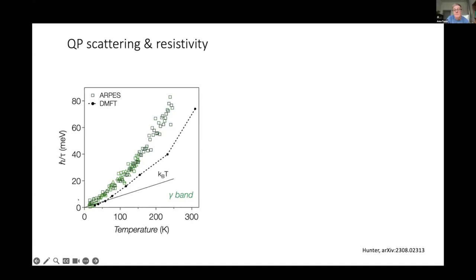Probably it goes like T squared at very low temperature. We pick up very little of these temperatures, and then it increases much faster. But it looks like this data point also T squared, but maybe with a different prefactor. Did you try to fit those ARPES data points?